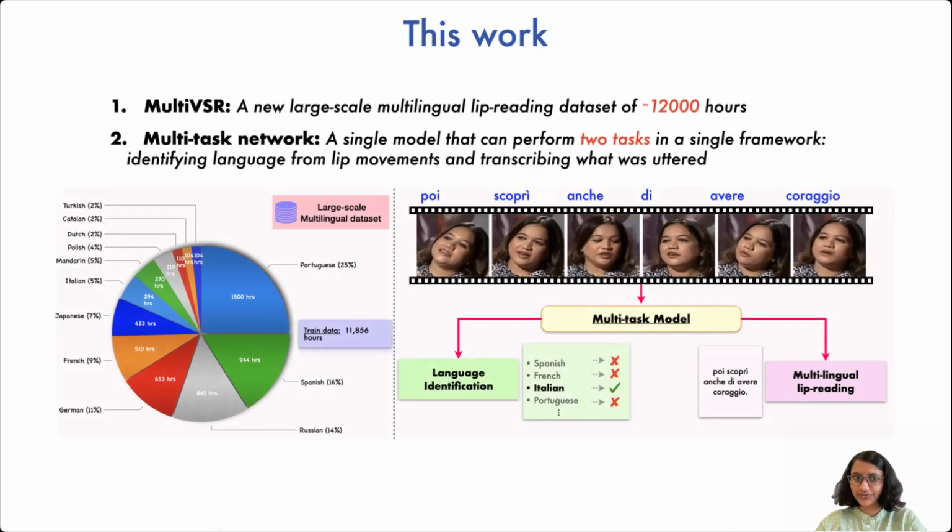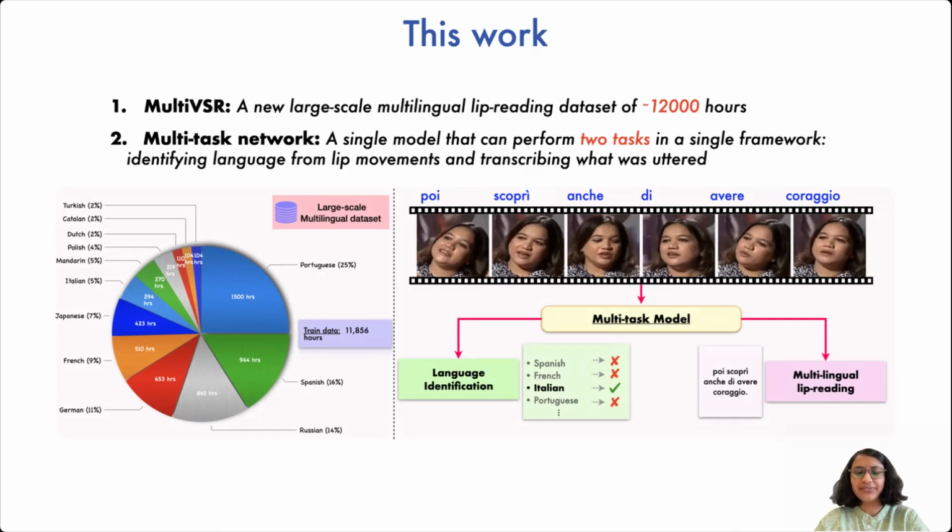Thus, in our work, we propose to scale multilingual lip reading with the help of three key advancements. First, we curate and release a large-scale multilingual lip reading dataset termed MultiVSR, which comprises about 12,000 hours of video data. This is the largest multilingual lip reading public dataset available to date.